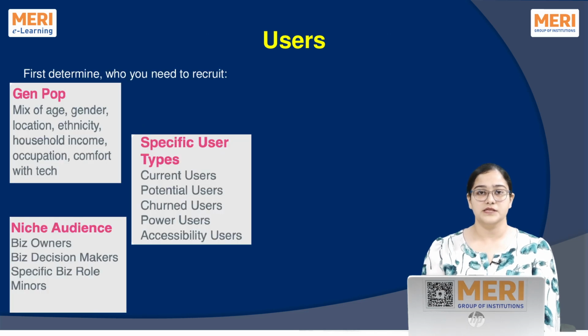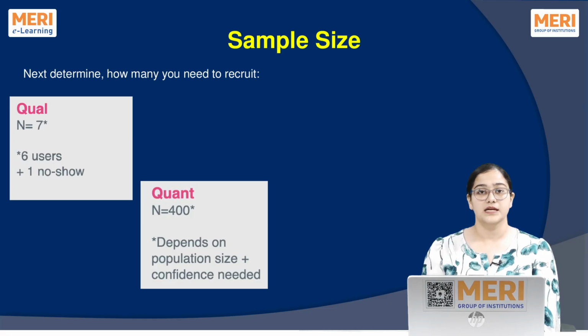Let's focus on the first step. The first step is defining who the users are. Researchers must identify demographics, behaviors, goals, context of use, and a clear user definition. Clear user definition ensures relevant insights. Number 2, sample size.